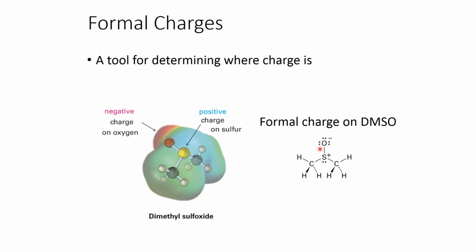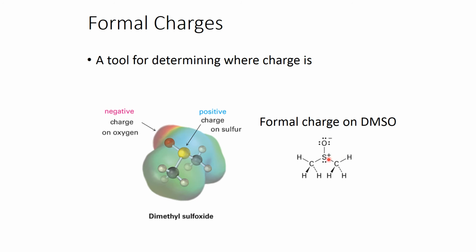If I look at this, these 2 electrons are being shared in this bond, so we could say that the oxygen has a net of 1 on it. And then it has 3 non-bonding pairs in addition to that, so that would give you a net of 7. 6 electrons on oxygen when it's a neutral atom versus 7 means an extra electron. So formally, there's a -1 charge on the oxygen.